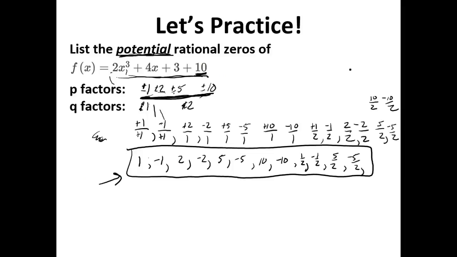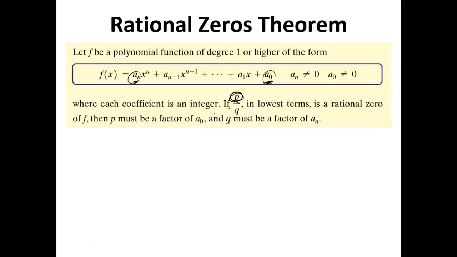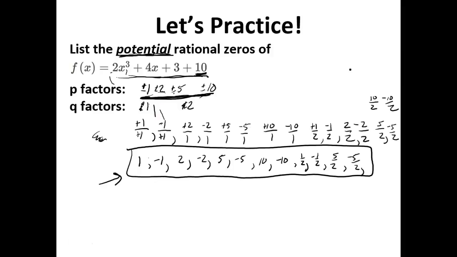That comes from the rational zeros theorem. So if I want to know potential rational zeros, or potential zeros that can be written as fractions, that's what rational means, then it's going to have to come out of this list down here.